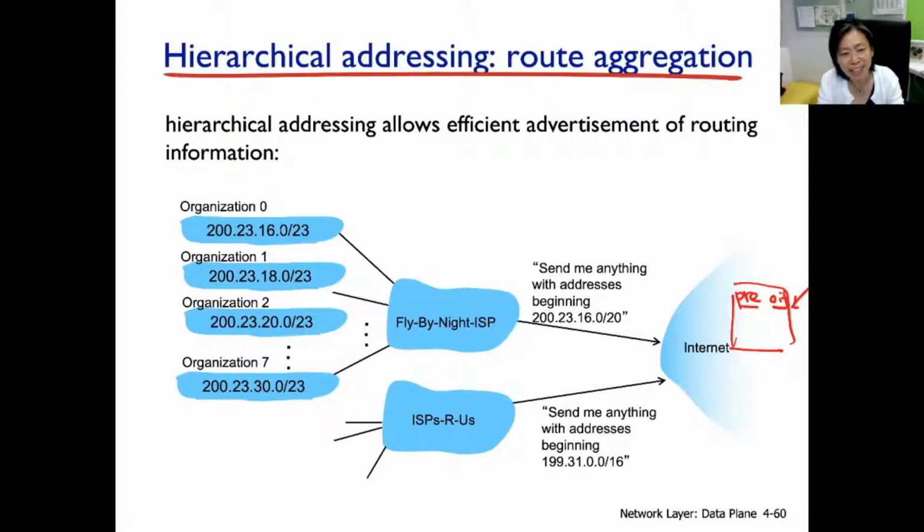You know what? Isn't this a prefix? So what we're doing in fact in the internet is not sending individual IP addresses in the advertisement. We send an individual prefix in the advertisement.